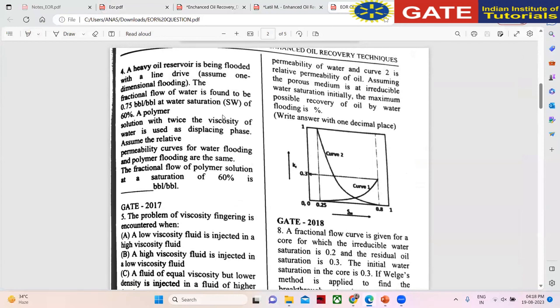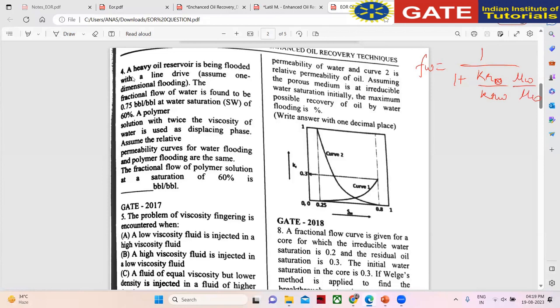So solve question number 4. So we know the formula of fractional flow. FW is equal to 1 upon 1 plus KRO divided by KRW, and mu W divided by mu O.